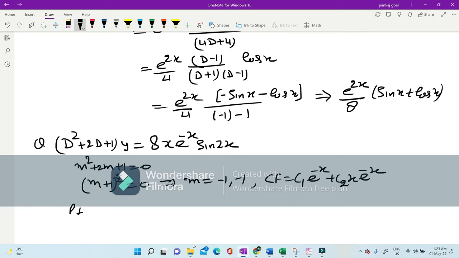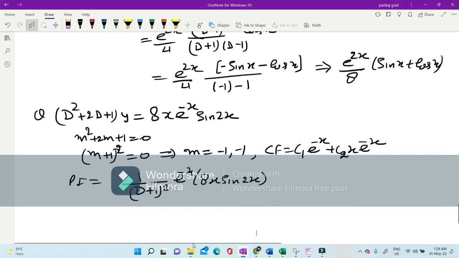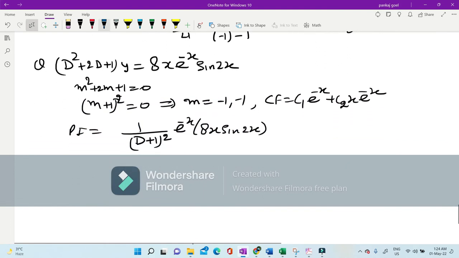Now we come to the Pi. So I can write in denominator as d plus 1 whole square. This right hand side we can write as e की power minus x outside and this can be written as 8x sin of 2x. Now apply e की power ax into b. In this case, what is the value of a? You can see the value of a is equal to minus 1. So d will be replaced by d minus 1.